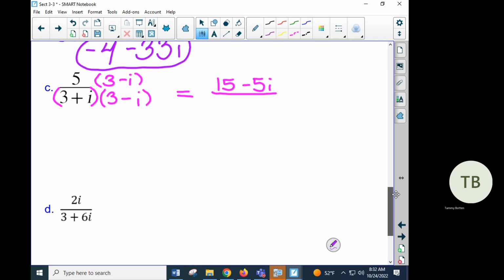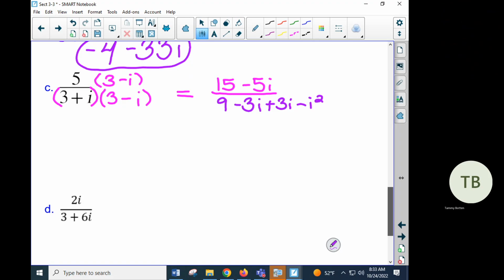So we'd go 3 times 3 is 9. Then I would go 3 times a negative i, which is negative 3i. Then I go i times 3, which is a plus 3i. And then I do i times negative i, which is negative i squared.